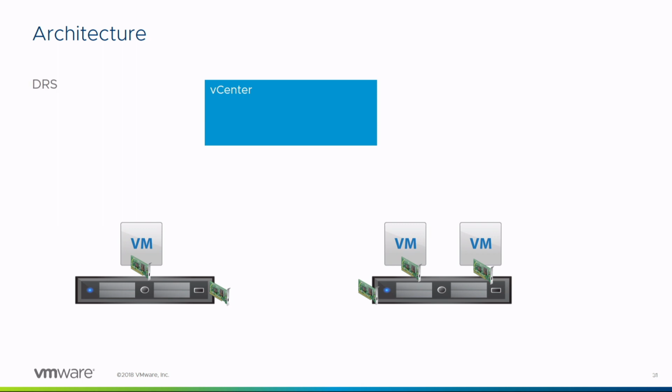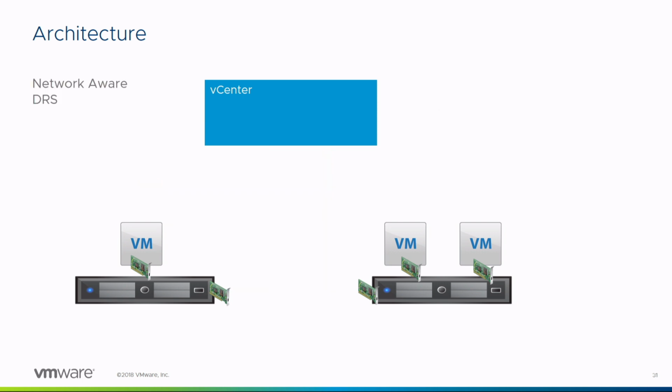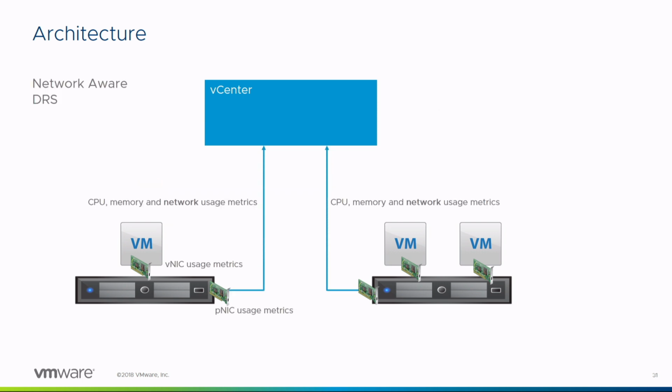All right, let's see what the implementation or architecture looks like. This is the old DRS. I'm going a little bit faster because you might already know this stuff. We used CPU and memory usage statistics, and then DRS ran and gave some vMotion and power on decisions. This is how the old DRS worked. So how does network DRS work? We have CPU, memory, and networking.